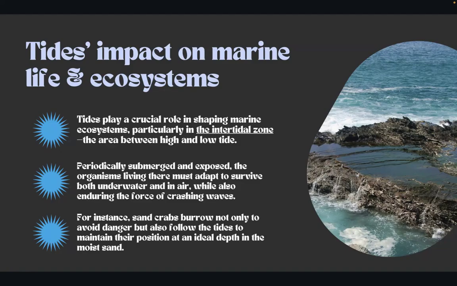This area is periodically submerged and exposed, and the organisms that live there must adapt to survive both underwater and in air, while also enduring the force of crashing waves. For instance, sand crabs will burrow not only to avoid danger, but also to follow the tides so that they can maintain their position at an ideal depth in the moist sand.